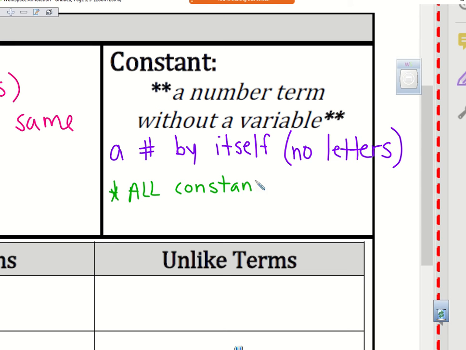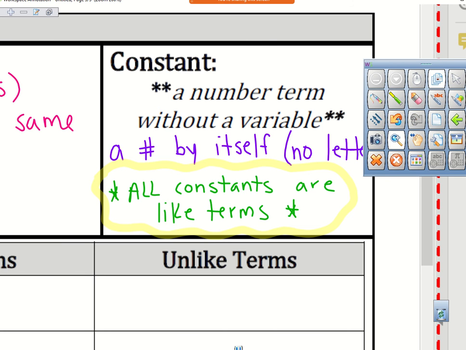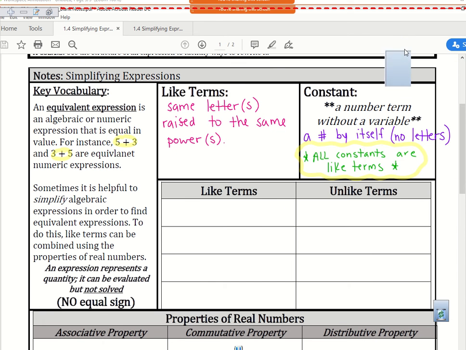Constants, all constants are like terms. So in other words, you can combine constant terms together.